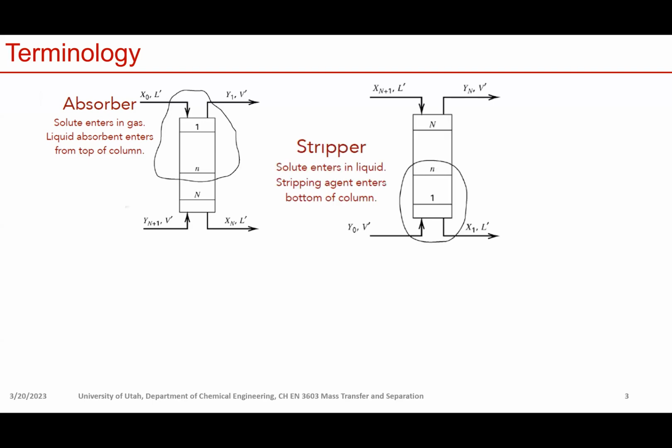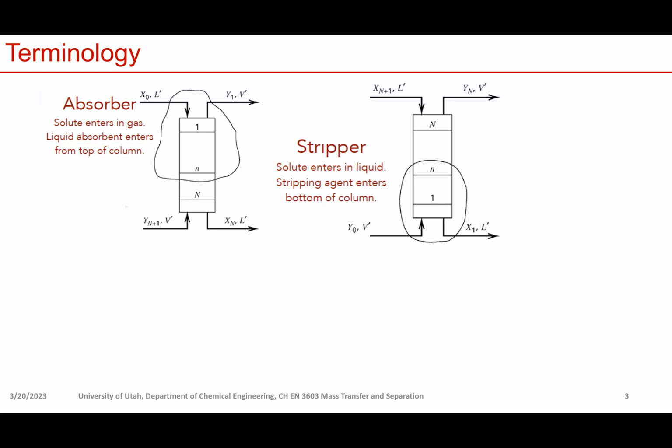Similarly, for the stripper, we have two phases and two axes. The stripper is like the reverse process of absorption, and it is usually coupled with absorption to regenerate the absorbent. Let's just use the acetone case as an example.